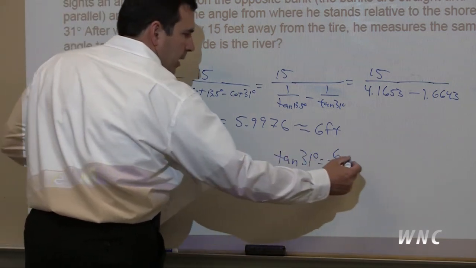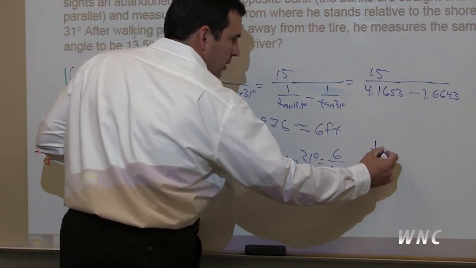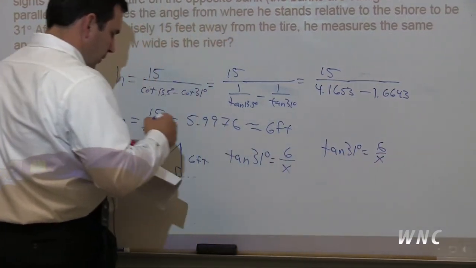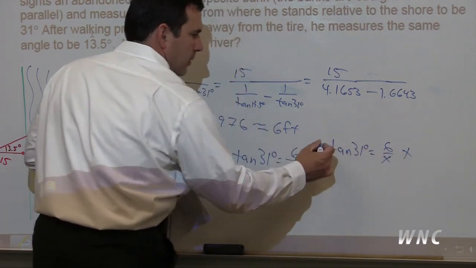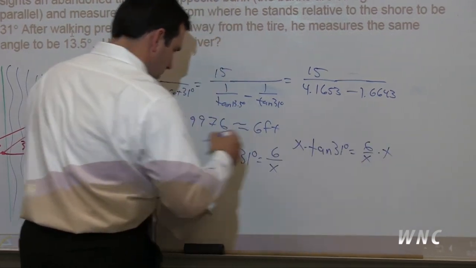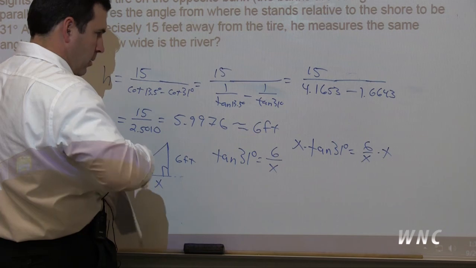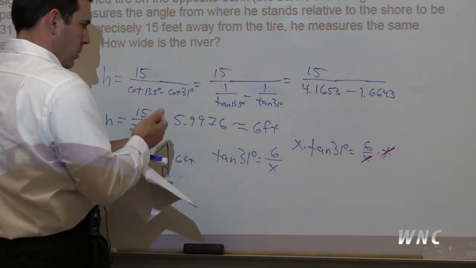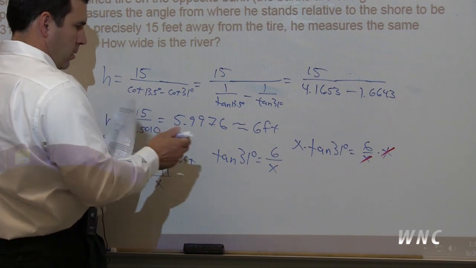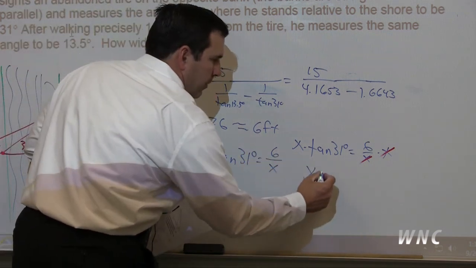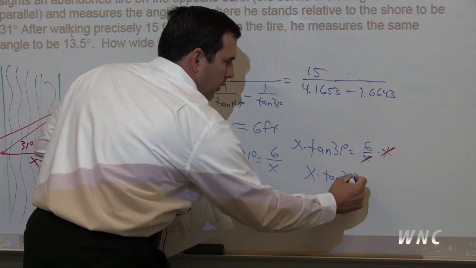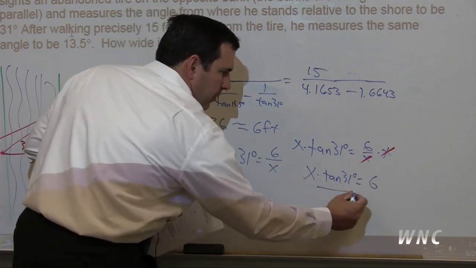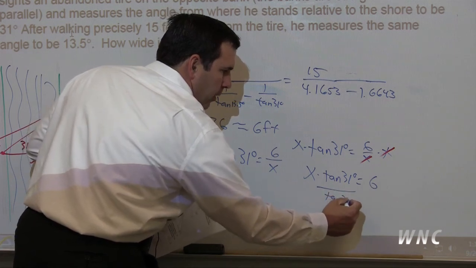Tangent 31 degrees equals 6 over x. If I multiply both sides by x, I'd have x times tangent 31 degrees equals 6. And I still want x by itself, so I'm going to divide both sides by tangent 31 degrees.